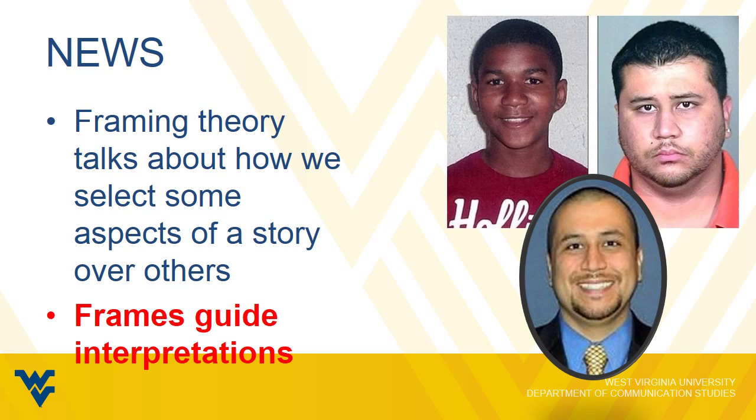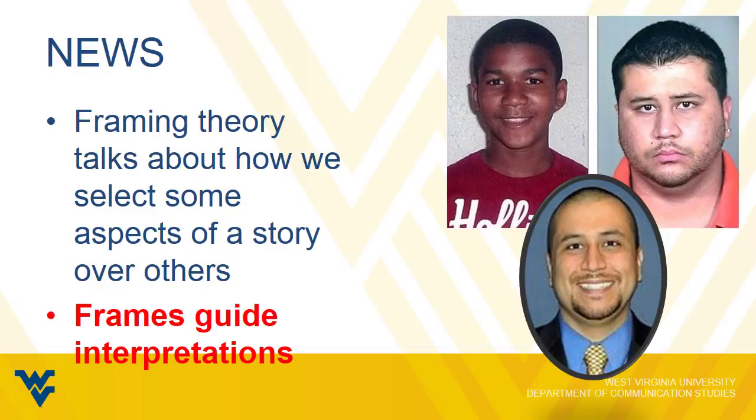We see the same thing with the Trayvon Martin shooting a couple of years ago, where we had a neighborhood watchman in an altercation with an African-American teenager, and eventually he shot and killed the teenager after a fight. Well, when you run a photo of George Zimmerman, the man who was eventually found not guilty of first-degree murder, when you show a picture of him frowning with a kind of scruffy beard and an orange jumpsuit and earrings, he looks very, very dangerous.